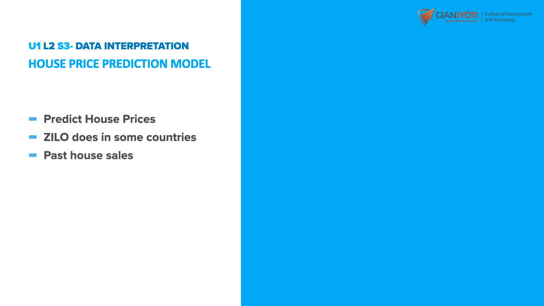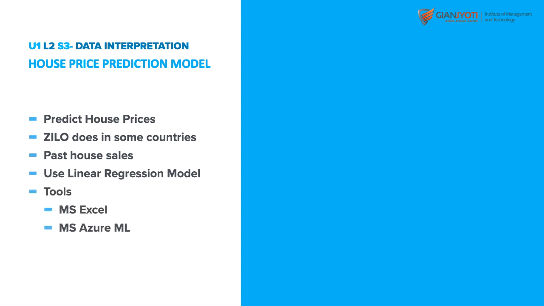So what they do is they collect all the data from the past, and they build a model, and then what we call artificial intelligence, we try machine learning. That means we try to train the model through the past data, so that it understands what has been the trend, what prices have been there in the past for a particular size of the house. Then we test that model using a linear regression model, and you can do that in MS Excel.